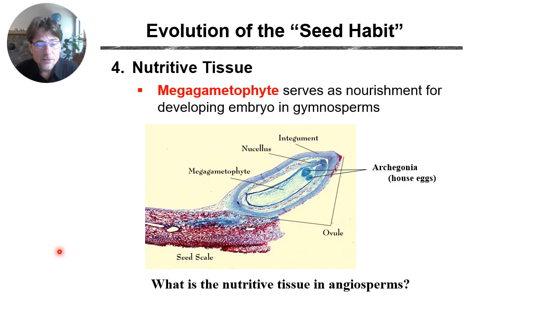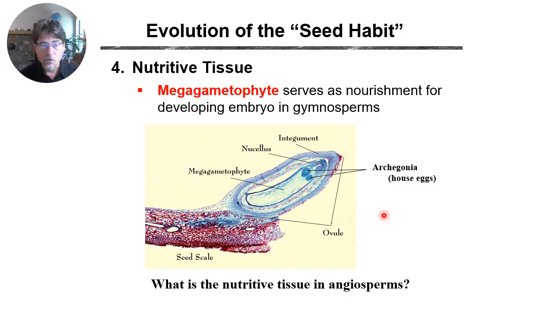So another aspect of this is a storage tissue or a nutritive tissue to feed the developing embryo. Once again, the embryo is not going to be able to produce its own food through photosynthesis, because at this stage of development there is no photosynthesis going on, and so instead it has to obtain nutrients from another source.